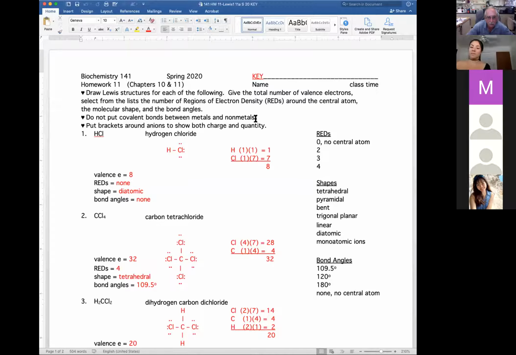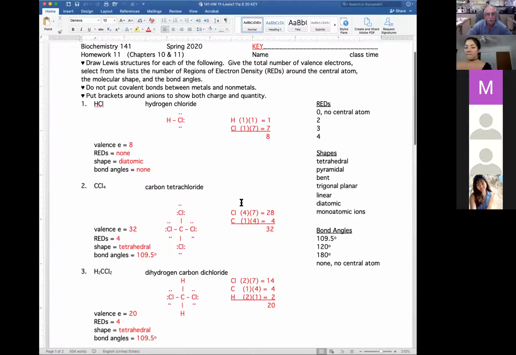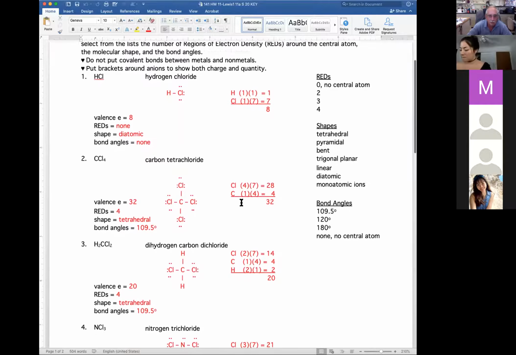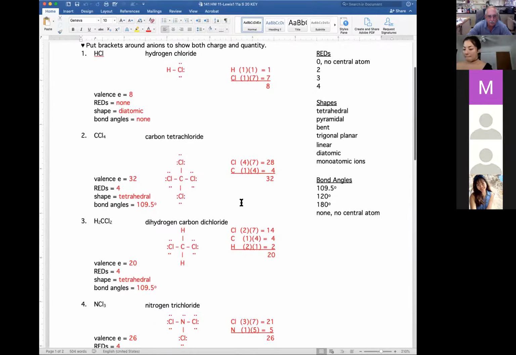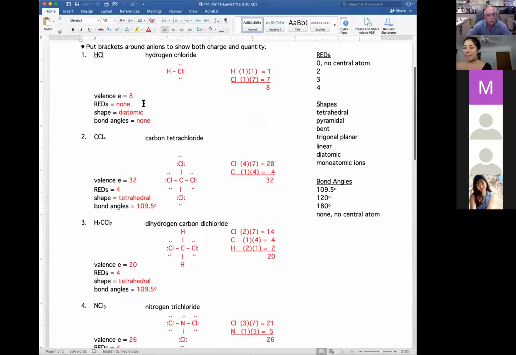Okay, so here's the answer key to homework 11. We can apply some more advanced stuff over here. So hydrogen chloride, for example. How would you find out if that's a polar or non-polar molecule?